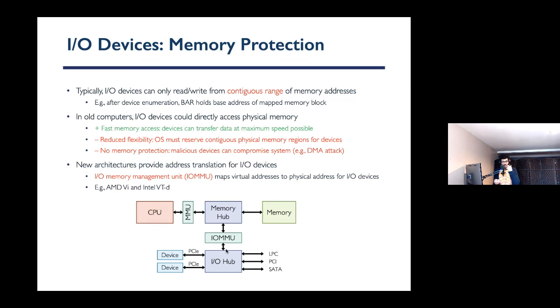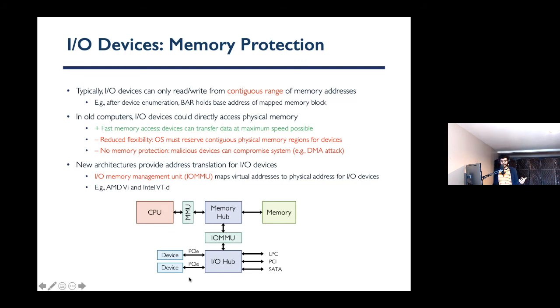That way, you could think of it as the example I said during the initialization, when the device says, I need this range. Instead of giving the device its base address in physical memory, you can give it a base address in virtual memory and give it another, also the bound.